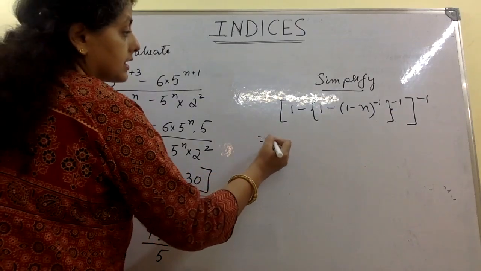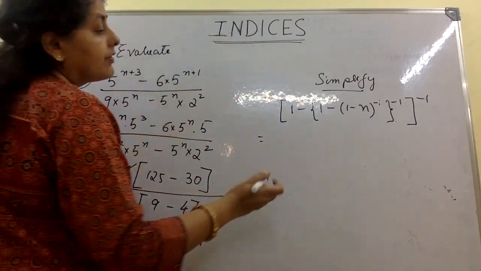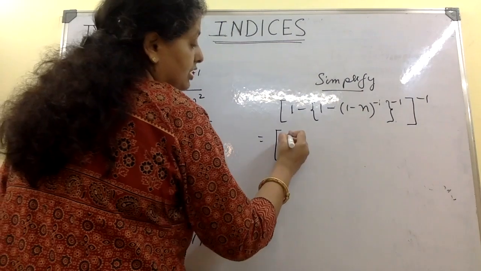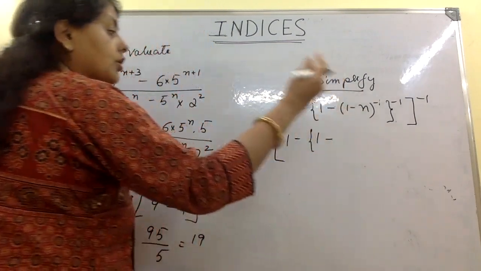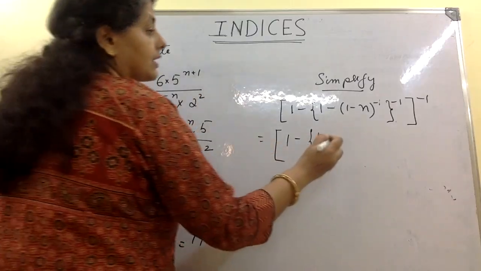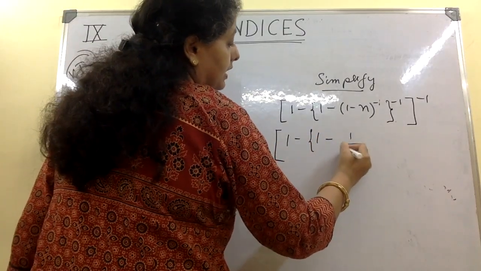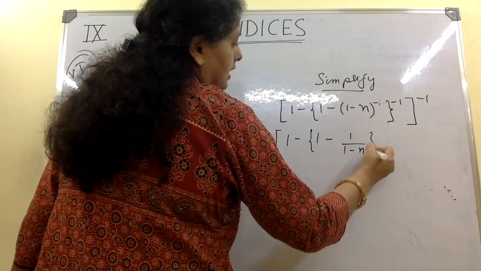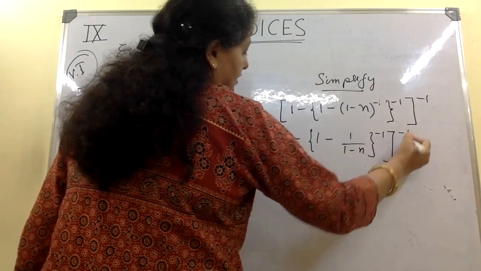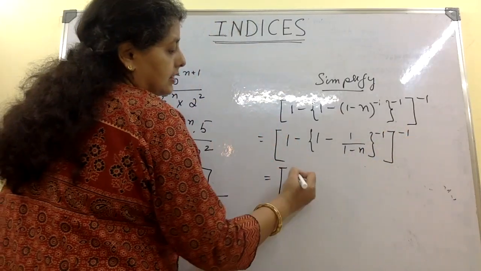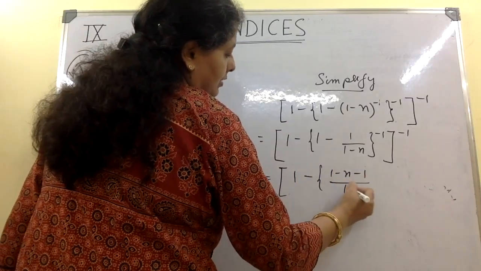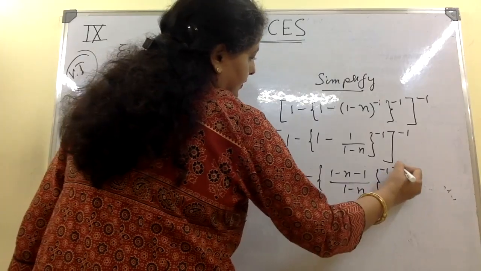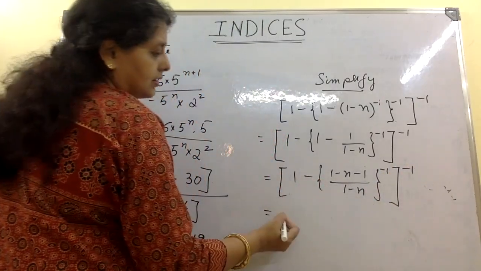Now here it says simplify. Simplify is we will start with the innermost bracket, and till we have not finished with that, we will not touch the outer brackets. So here 1 by 1 minus n and minus 1 minus 1. This is 1 minus n minus 1, 1 minus n, and this is minus 1.